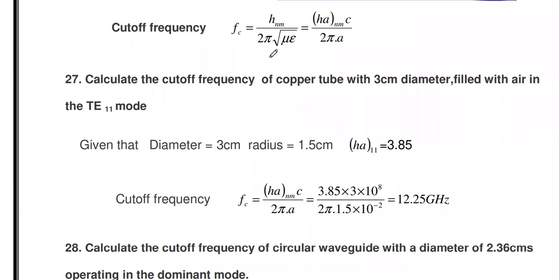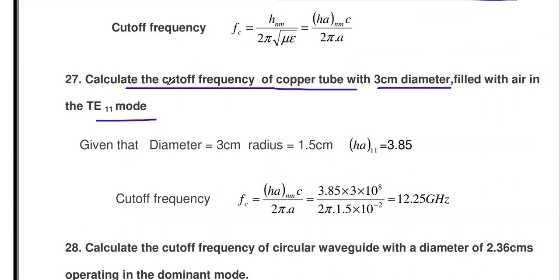Then the next one, using this, you see two more problems. Calculate the cutoff frequency of a copper tube with a 3 centimeter diameter filled with air in TE11 mode. Which type of waveguide is this? A 3 centimeter diameter is given, so it is a circular waveguide, and the mode is TE11.